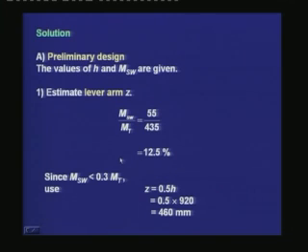The ratio of M_sw by M_T is equal to 55 divided by 435, which is equal to 12.5%. Since M_sw is less than 30% of M_T, we are estimating z to be 50% of the total height, which is equal to 0.5 times 920, equal to 460 millimeters.